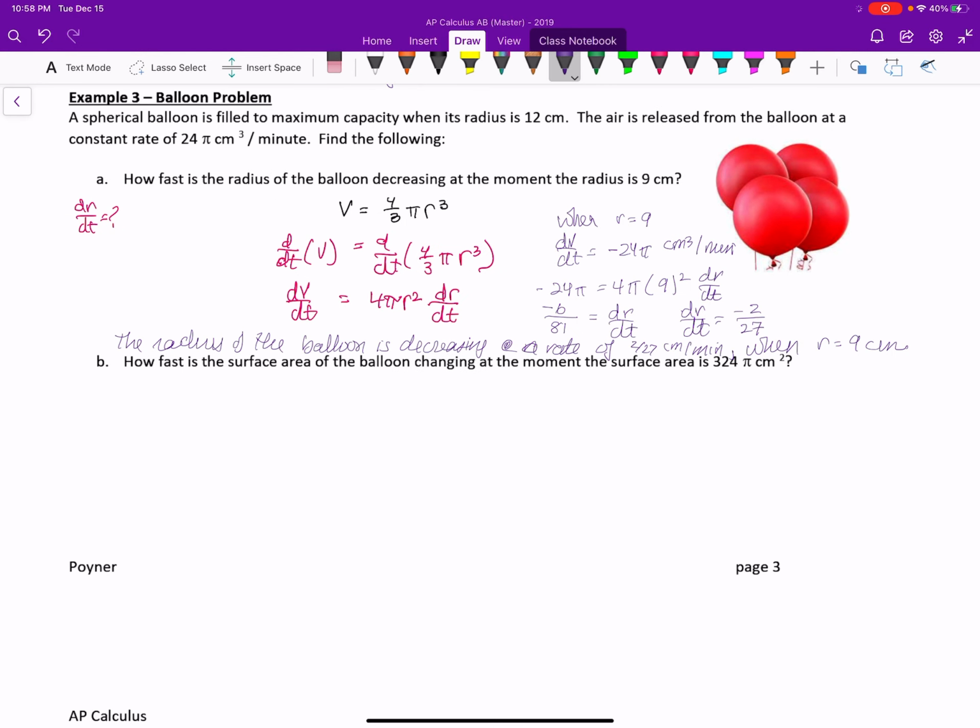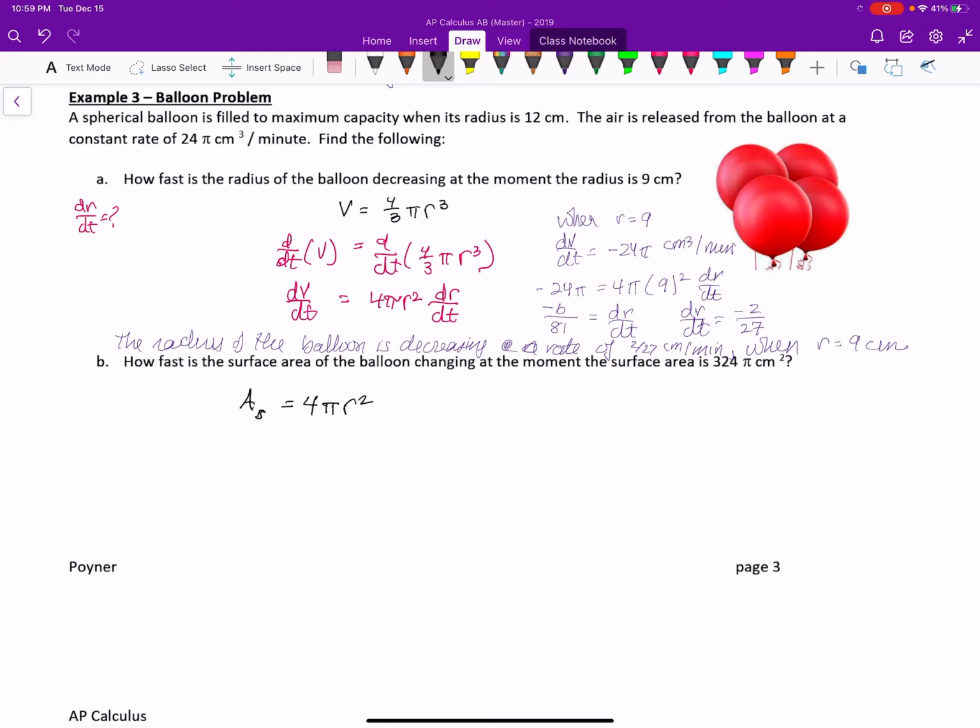How fast is the surface area of the balloon changing at the moment the surface area is 324 pi centimeters squared? So the surface area for a sphere, I'm going to put a little S for surface area here, is 4 pi r squared.